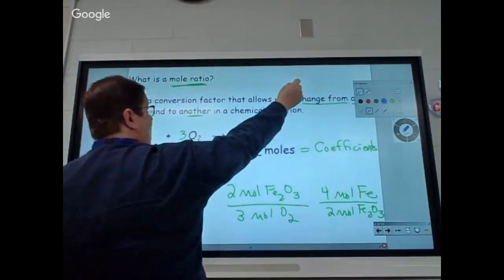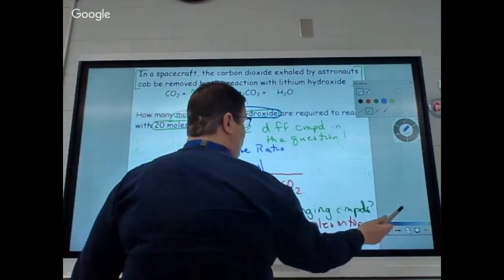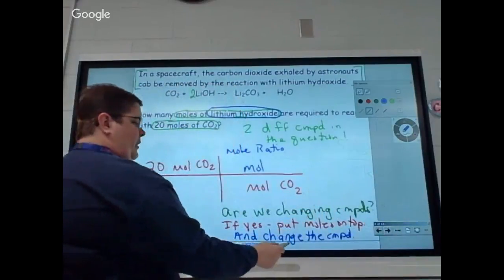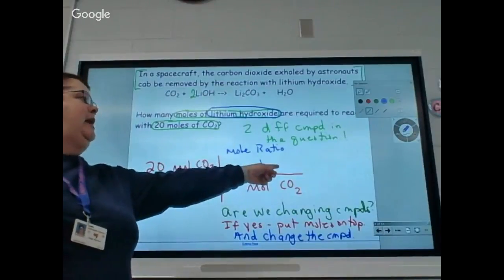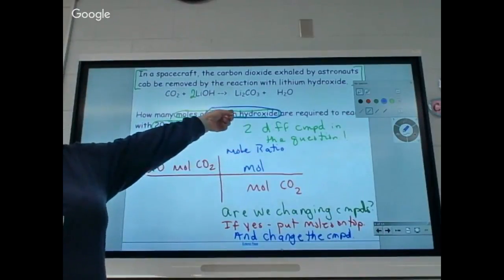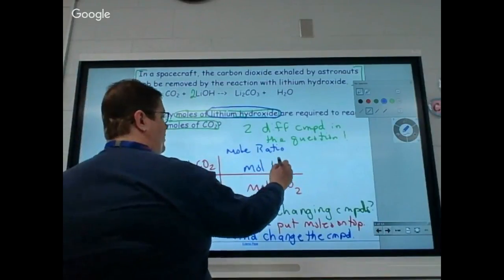To change a compound. So that's why when we do this, we're going to change the compound. So what compound am I putting right here? Well, what did it ask me to go to in the question? So I'm putting lithium hydroxide on the top.